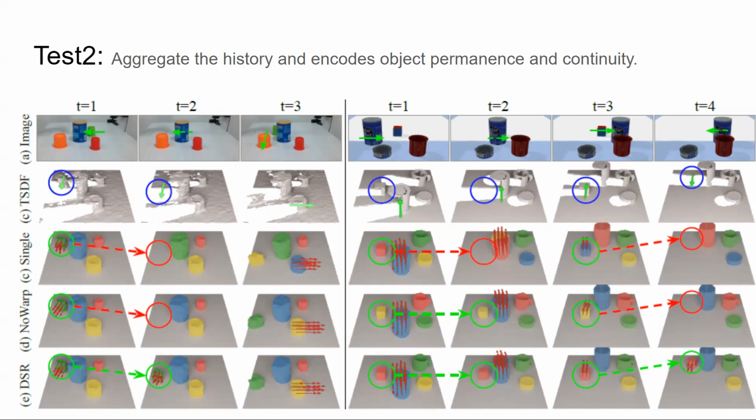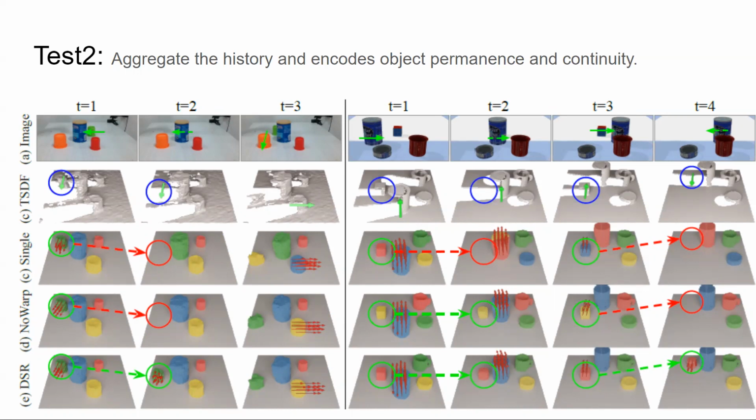So what they have done here is different objects being moved, different instances of the same object being moved, and can their permanence and their continuity be preserved over time?